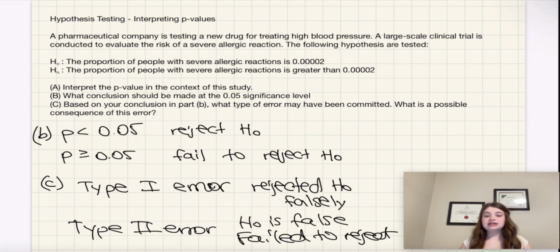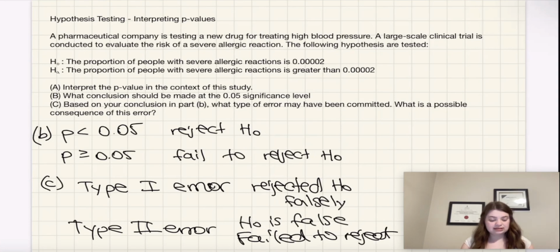Because as I mentioned earlier, it is very possible that the reason we fail to reject isn't because the null hypothesis is true. It's not always true necessarily. Sometimes the reason we might fail to reject is just because it just wasn't quite unlikely enough to reject the null hypothesis.